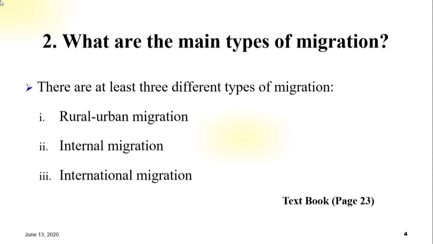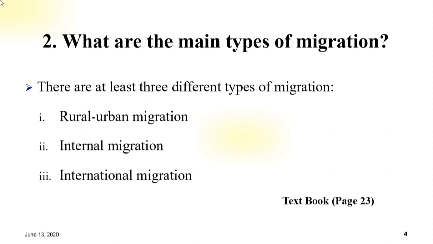What are the main types of migration? Here we talk about the types of migration. In the previous slide, as I told you, there are at least 3 different types of migration. Number 1, rural-urban migration. Rural-urban migration means people in the world migrate from rural to urban.